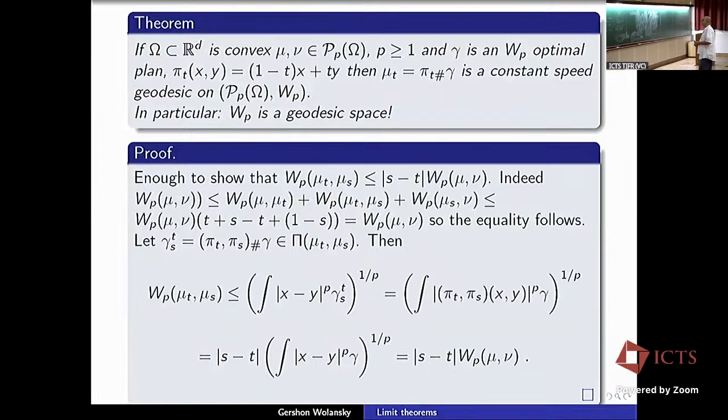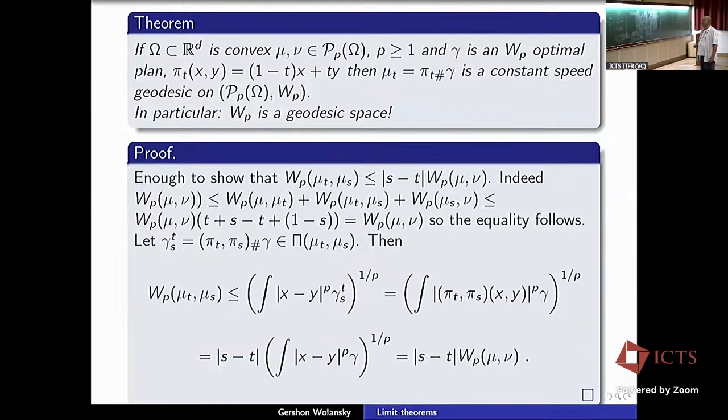For the proof of this statement, it is in fact enough to show that, with mu t defined in this way, we have the inequality that the W_p distance between mu t and mu s is not bigger than s minus t times W_p between mu and nu. Why is that?